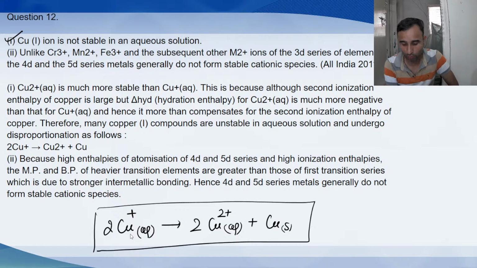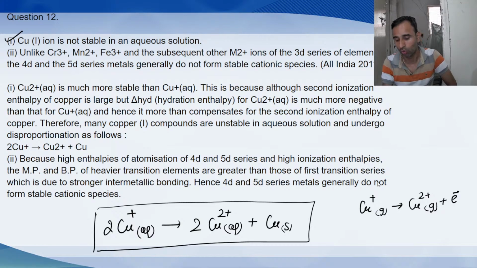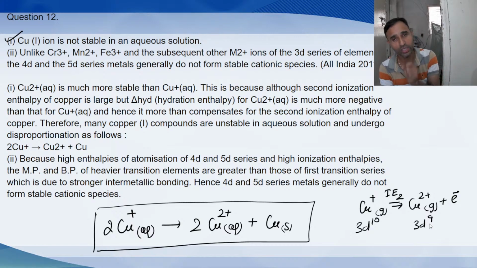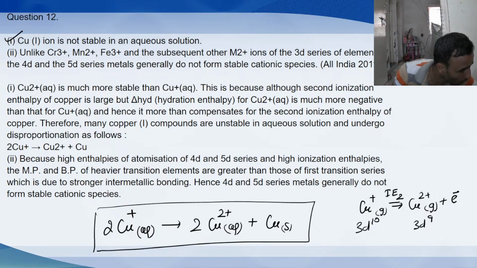Because when copper 1 plus is converted into copper 2 plus, a huge amount of energy, the second ionization enthalpy, is needed, and 3d10 is converted to 3d9. So the second ionization enthalpy is high, but when copper 1 plus gaseous is converted into copper 2 plus gaseous and in water, it undergoes hydration.